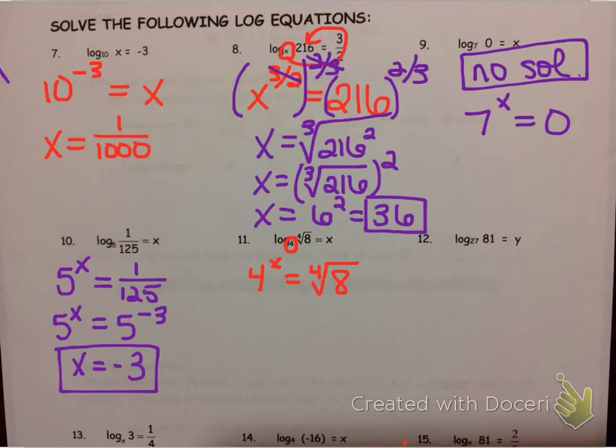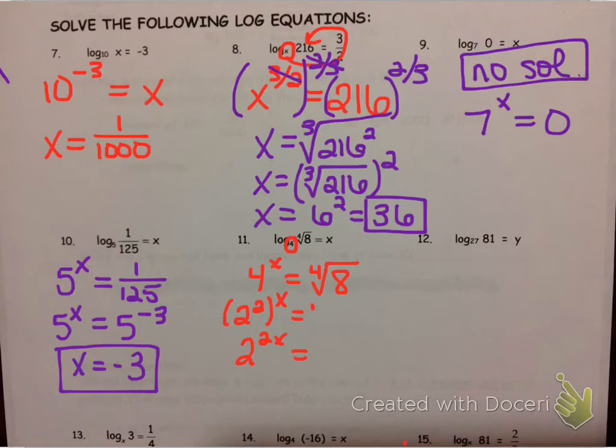Now I can rewrite both sides as powers of 4, I can rewrite both sides as powers of 8, but I think for most people it's going to be easier to do as a power of 2, because both sides are powers of 2. So I'm going to rewrite both sides as a power of 2. So my 4 is a 2 squared, and it was being raised to the power of x, so it becomes 2 to the 2x.